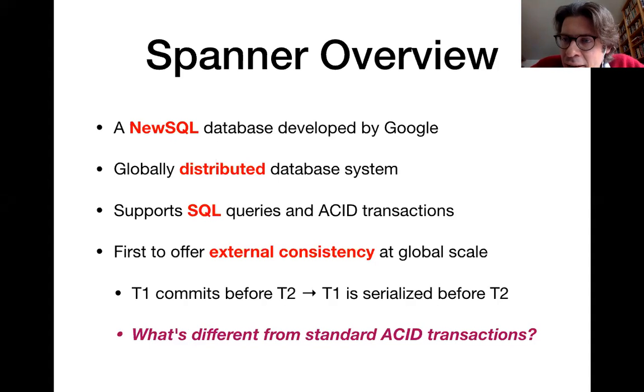So serialized means that everything looks as if transaction T1 had executed before T2. The database looks like that, and everything that the customers view is consistent with that as well. So here the order of the commit timestamps is consistent with the order in which those transactions are serialized.